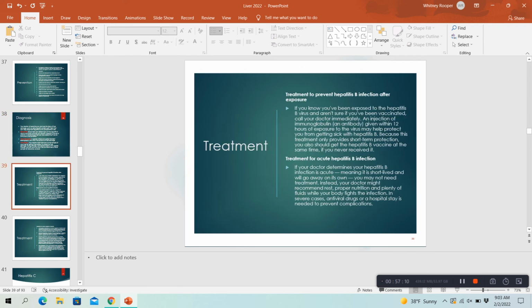Treatment for Hep B. If you've been exposed to Hep B and aren't sure if you've been vaccinated, you need to check. I hope everyone's vaccinated for Hep B. You would want to get vaccinated even if you had been exposed, because it can be acute, and the vaccination keeps you from further infections.